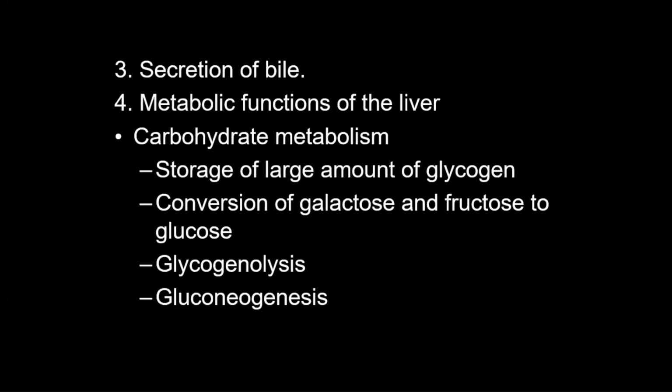Gluconeogenesis means formation of glucose from a non-carbohydrate source, that is, formation of glucose from protein and fat. And glycogenolysis means breakdown of glycogen to glucose. This is the metabolic function of carbohydrate.